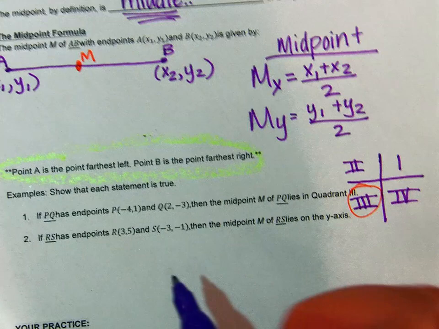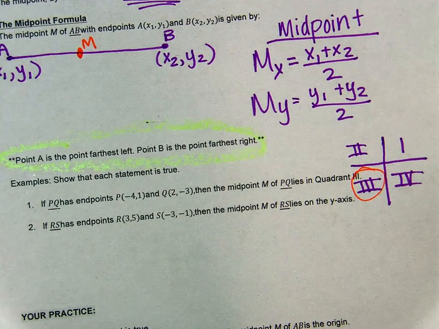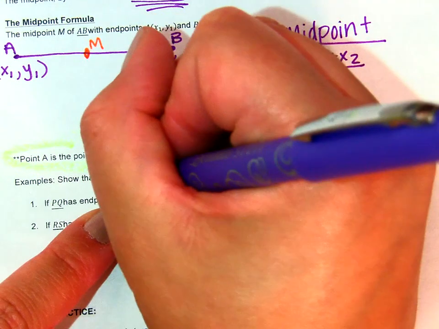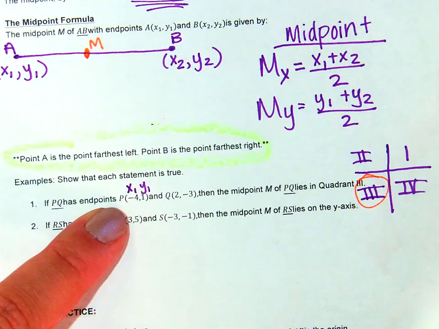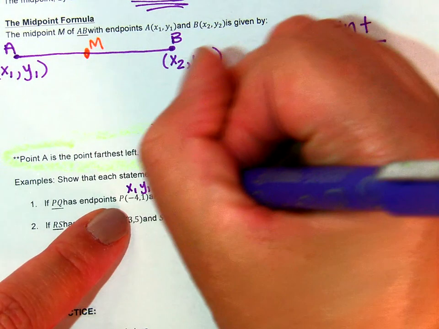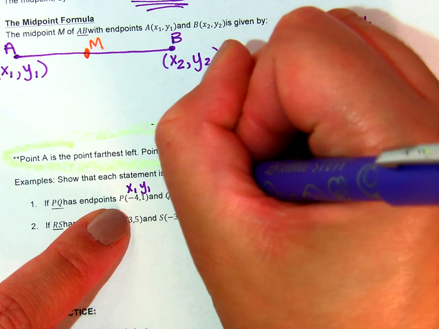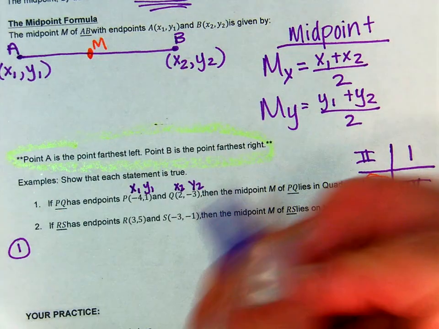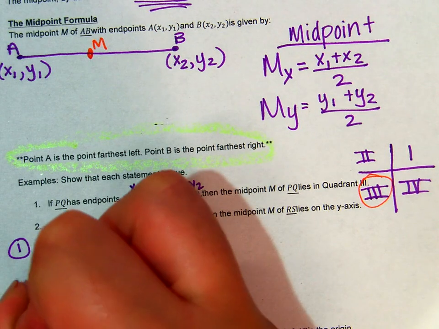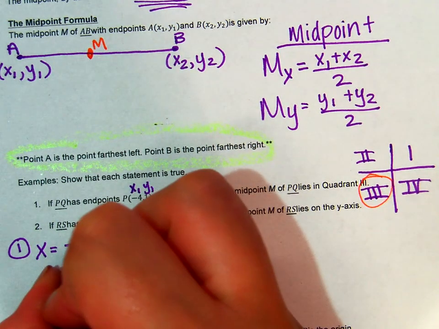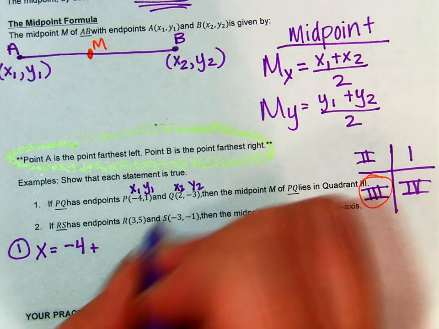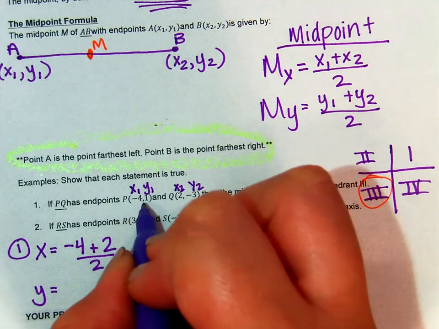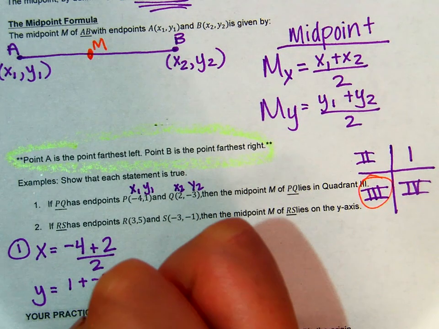The first thing I'm going to do is label my x1, y1, x2, y2. The very first point they give me, x1, y1. The second point, x2, y2. So let's go ahead and find this midpoint. To find the x-coordinate, we're going to take -4 plus 2 divided by 2. And to find the y-coordinate, we're going to take 1 plus -3 divided by 2.